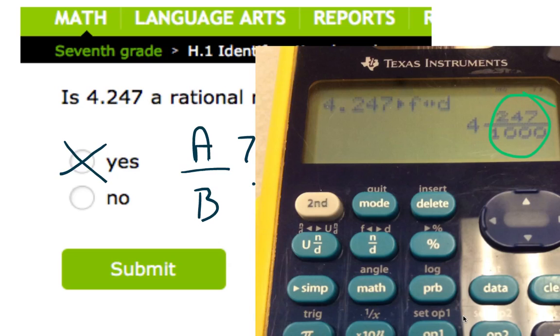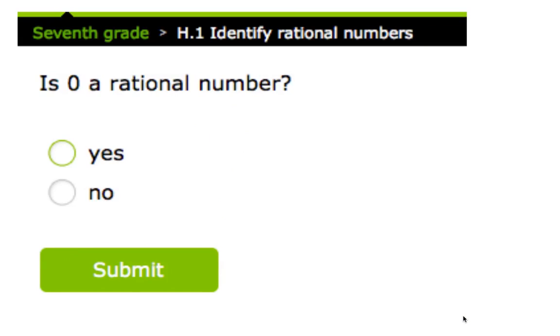So yes, that is a rational number. Most of the numbers that we deal with are rational numbers. So I'm just showing that I converted from a decimal to a fraction using the calculator. You don't have to have a calculator that does this to do this lesson.